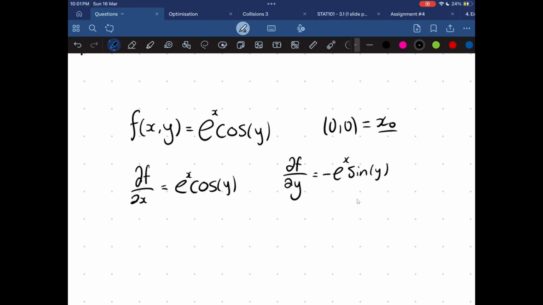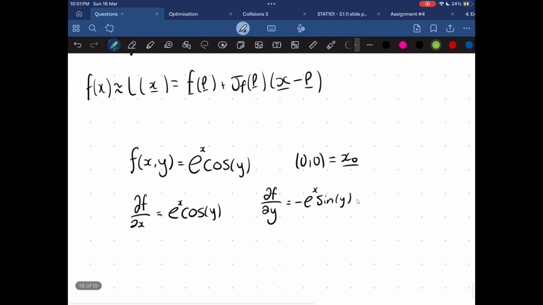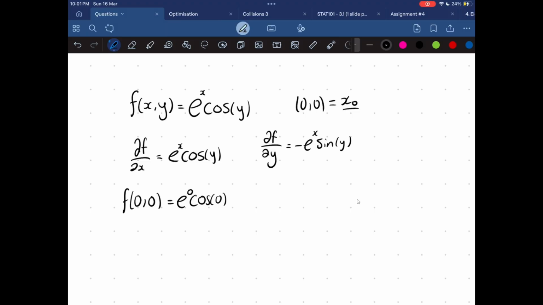So now we have our partials of the function e to the x cos of y. Now we can go ahead and evaluate f of P. So f of P, in this case 0, 0, is just going to be 1 because e to the 0 is 1, cos of 0 is 1. F of 0, 0 equals e to the 0, which equals 1.